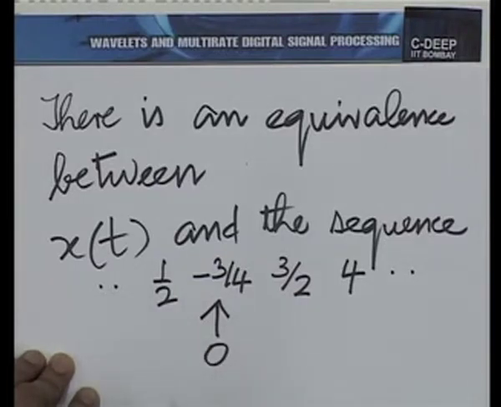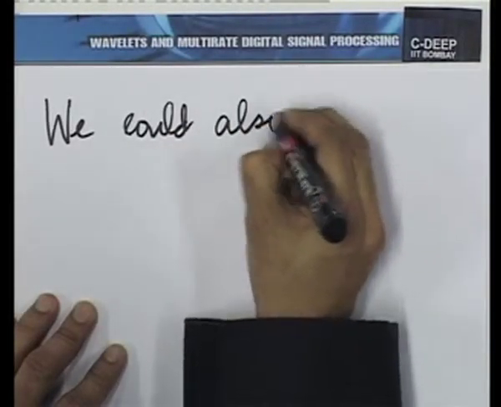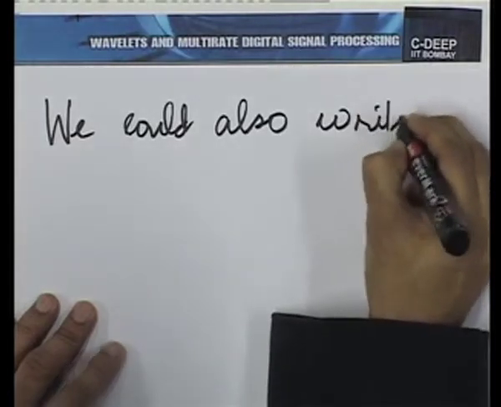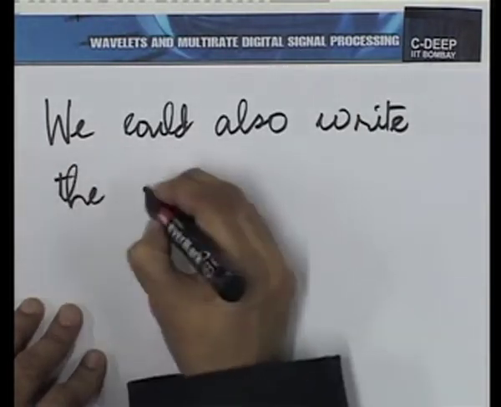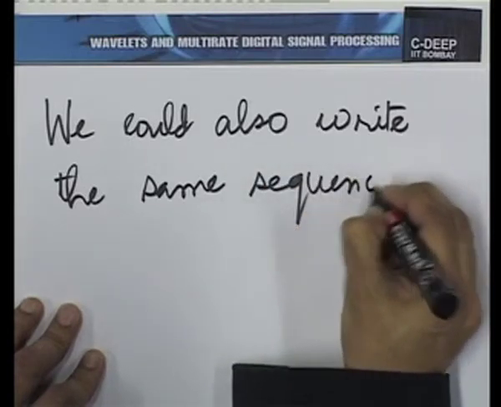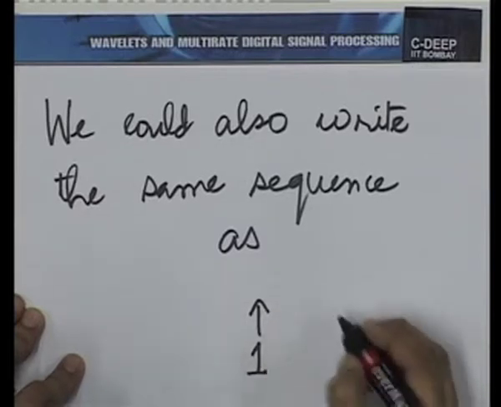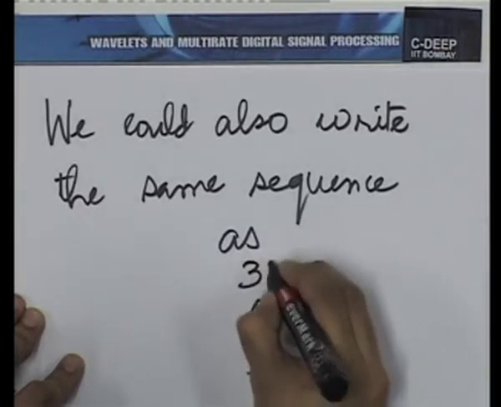marked. Now, as an alternative, we could have as well written the same sequence in the following way. This is just to introduce notation properly. So, we could also have written so you could mark 1, for example, the sample at point number 1.